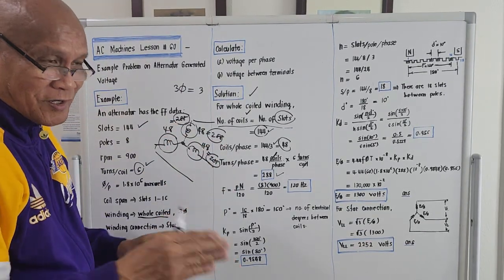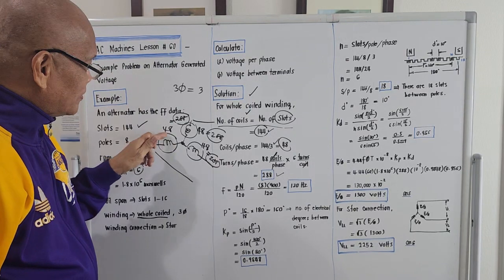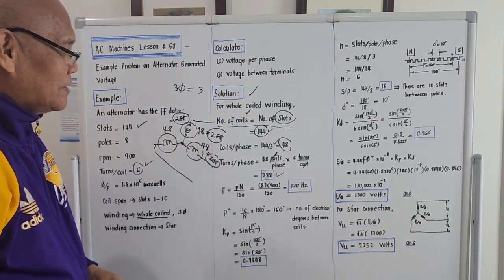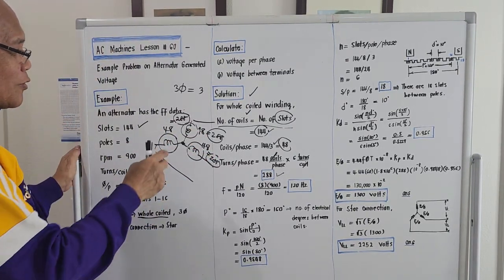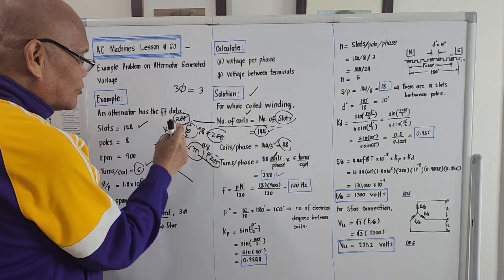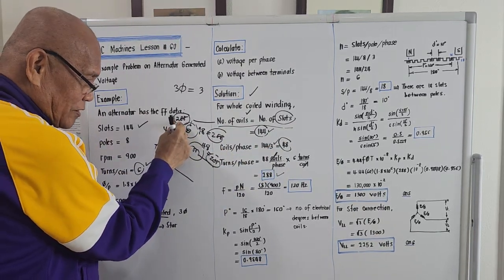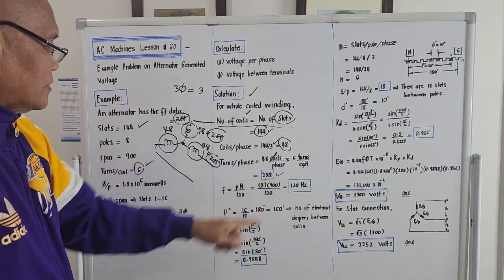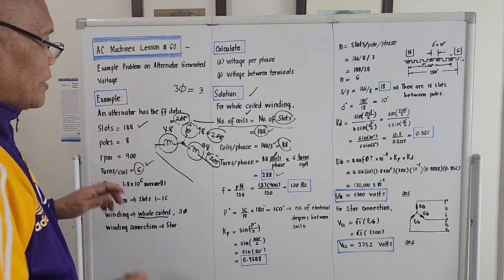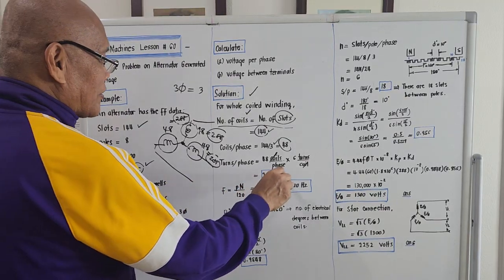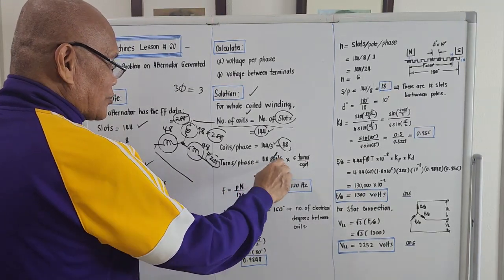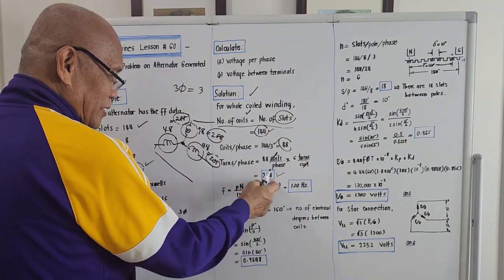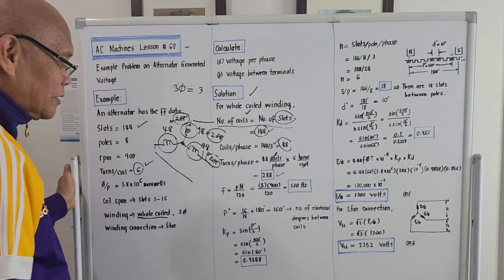But considering coils, it will be just simply 48, 48, 48. Because we multiply 48 by 6 to get 288. So turns per phase is now 288. We need this value later on, so I enclose this with the rectangle in blue.